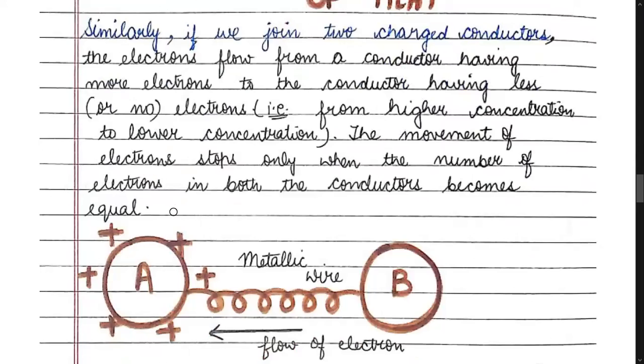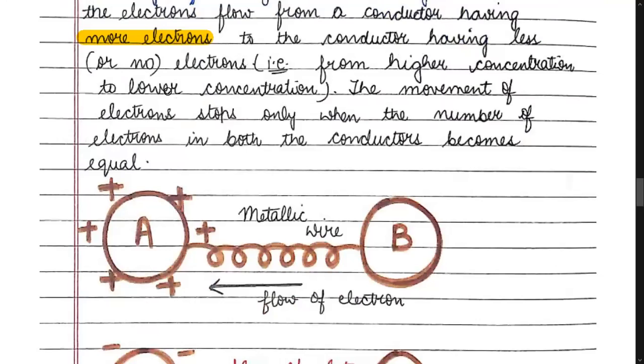Children, similarly, if we join two charged conductors, the electrons flow from a conductor having more electrons to the conductor having less or no electrons.